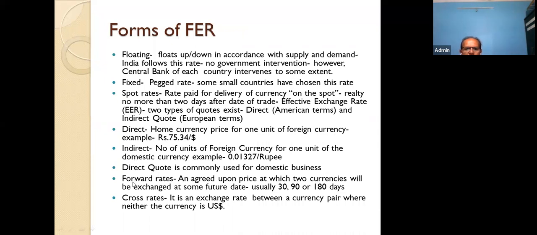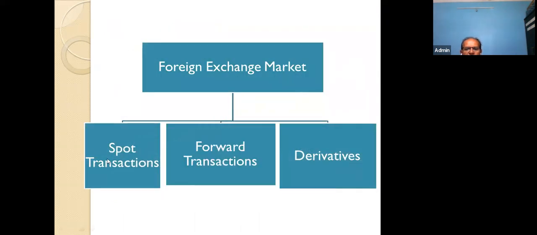And forward rate is an agreed upon price at which two currencies will be exchanged at some future date, usually 30 days, 90 days, or 180 days. So that is known as forward transaction, spot and forward. Now derivatives, this is for the underlying product. So the foreign exchange market is divided into these 3 areas.